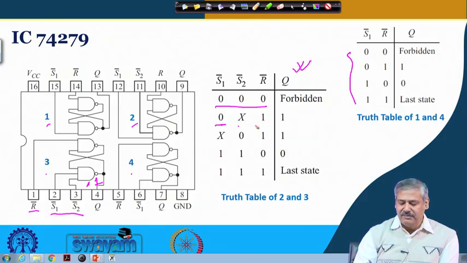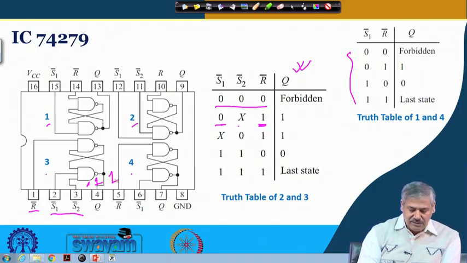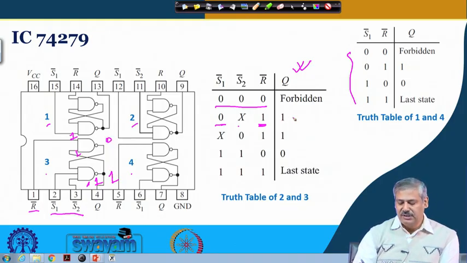And at that time, if R bar is 1, just by considering the way we had considered it before, we can see that this is 1, this R bar is 1, so 1 1, it is 0, and 0 is fed back here, it is 1. So the output is 1. Similarly, from symmetry, if S2 was 0, irrespective of S1, the output will be 1.